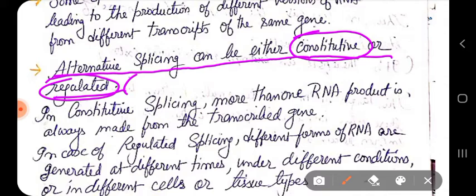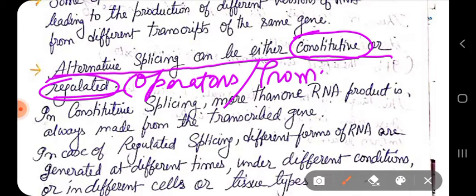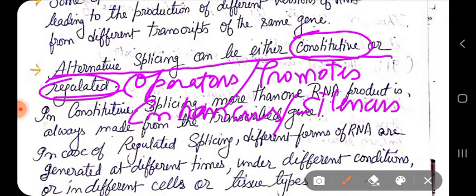By the operators, by the promoters, and by enhancers or silencers. So alternative splicing can be either constitutive or it can be regulated.